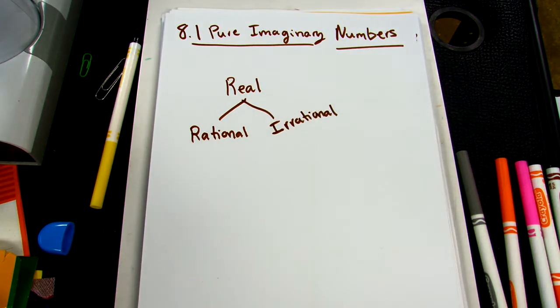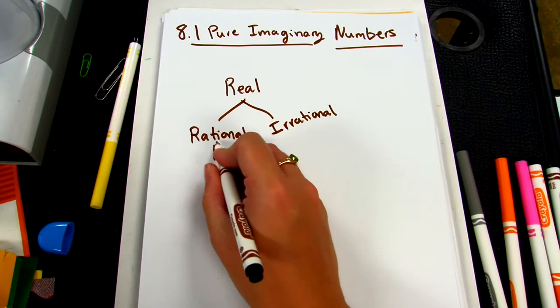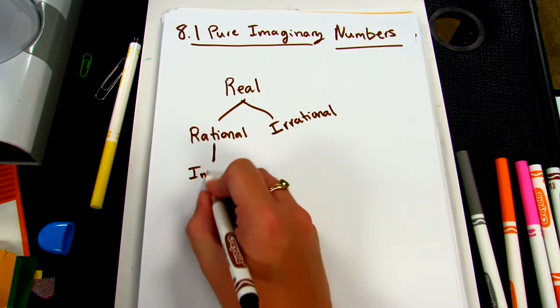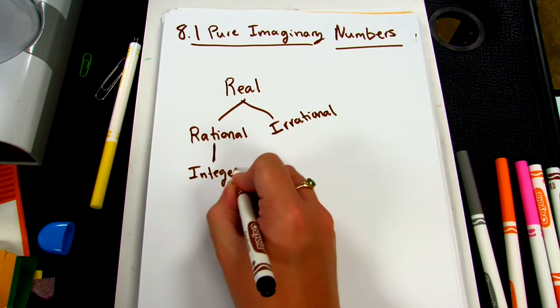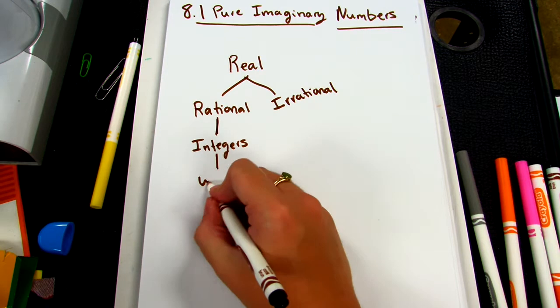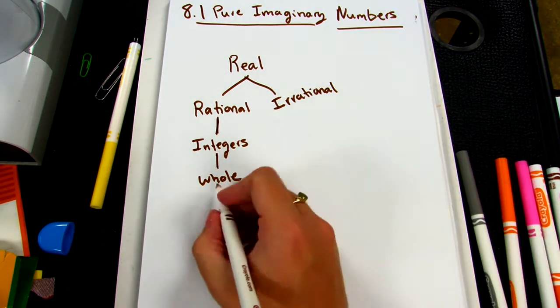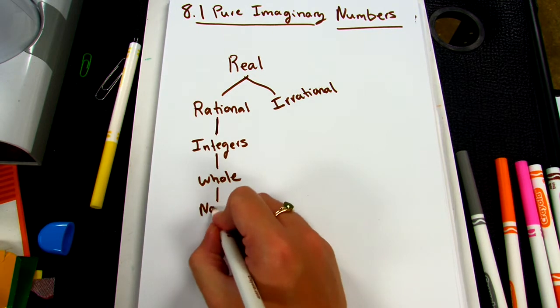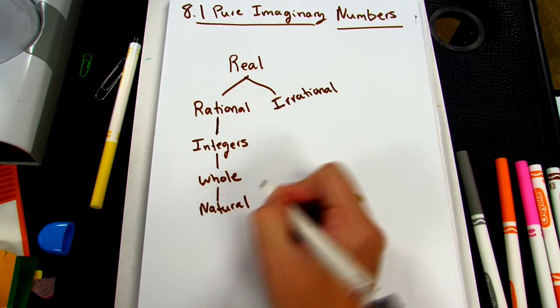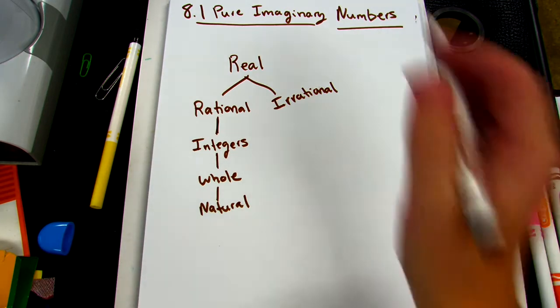From rational, we got integers, which is the set of positive and negative whole numbers. From integers, we have whole numbers, which is your counting numbers plus 0. And from whole numbers, we have our natural numbers, which is our counting numbers, 1, 2, 3, 4, 5, 6, 7.